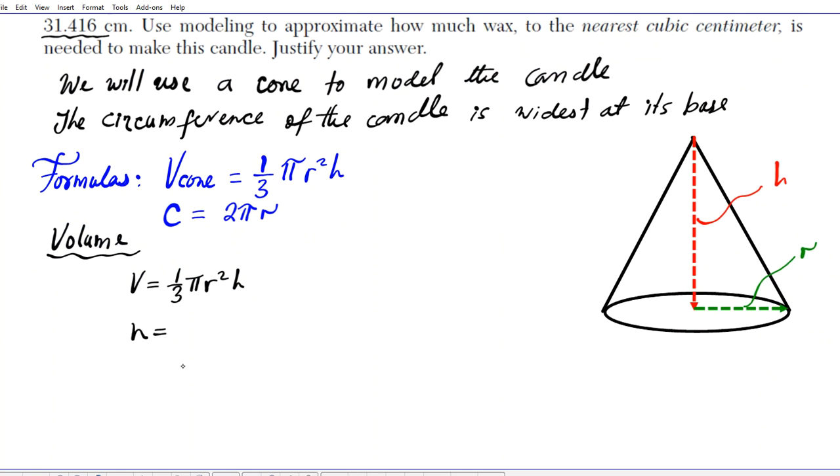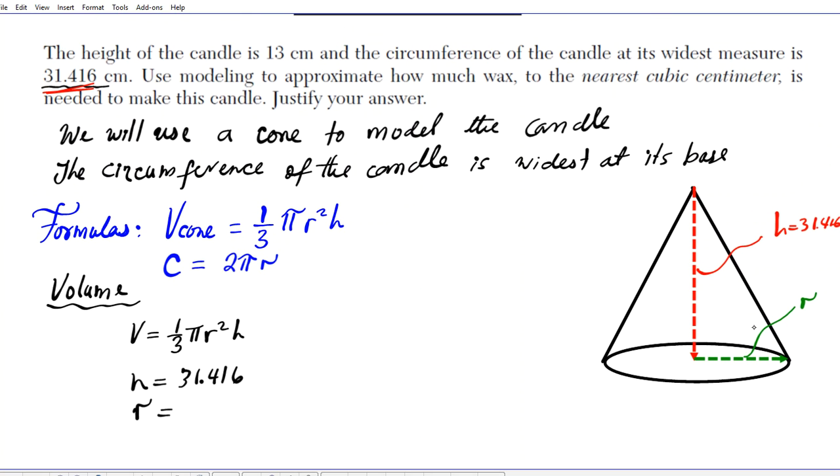The height is provided for us, is 31.416 right here. So let's put it in. 31.416. What's the radius? Ladies and gentlemen, we do not know what the radius is.